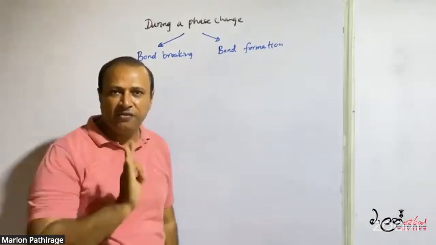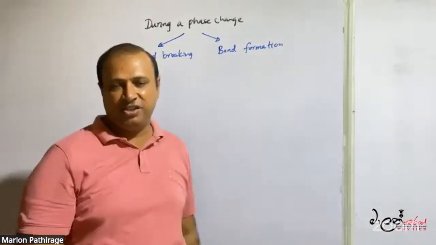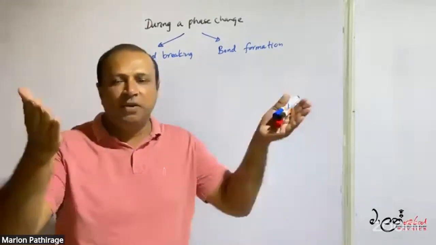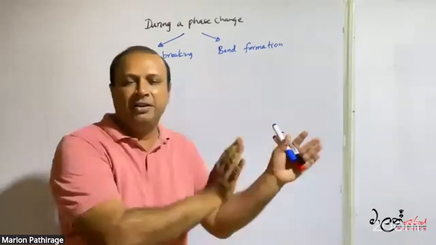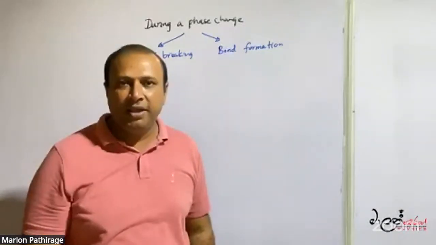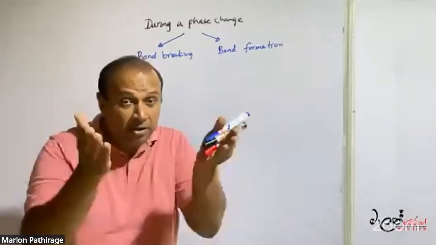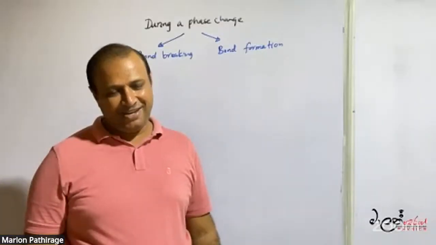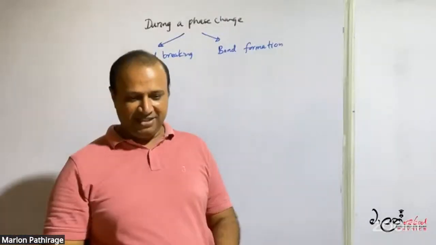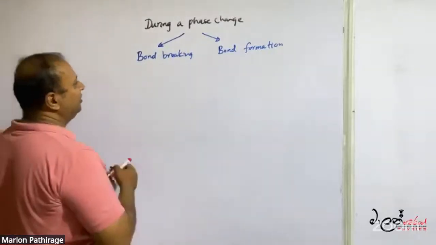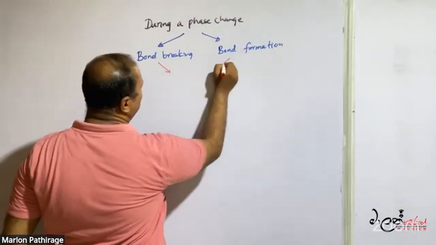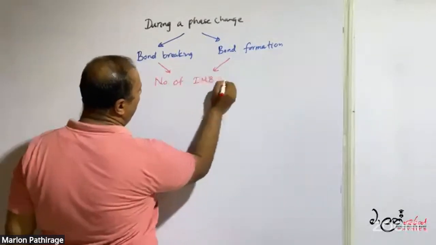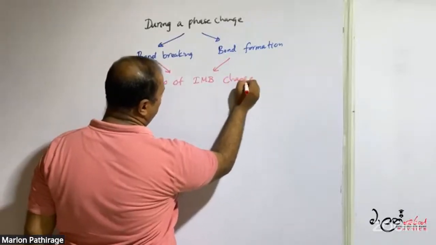So what is the common feature, no matter whether it is bond formation or bond breaking? The number of bonds changes. That means the number of intermolecular bonds changes.